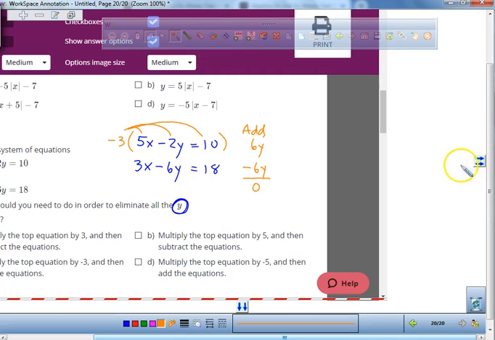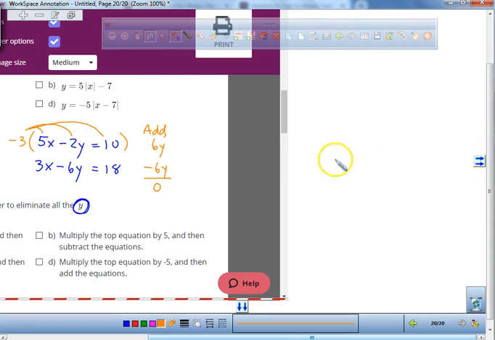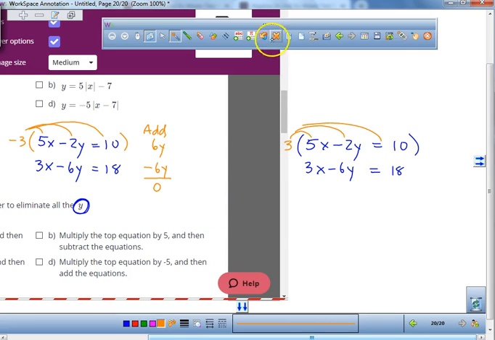However, the other answer choice that I could do, and I'll just rewrite it over here so you guys can see what I'm going to do. I have 5x minus 2y equals 10. 3x minus 6y equals 18. If I want to eliminate the y's, technically I could still multiply everything by a positive 3.